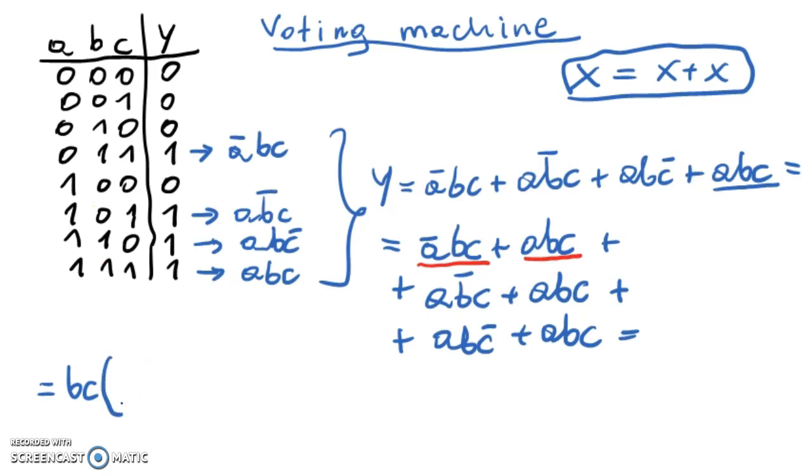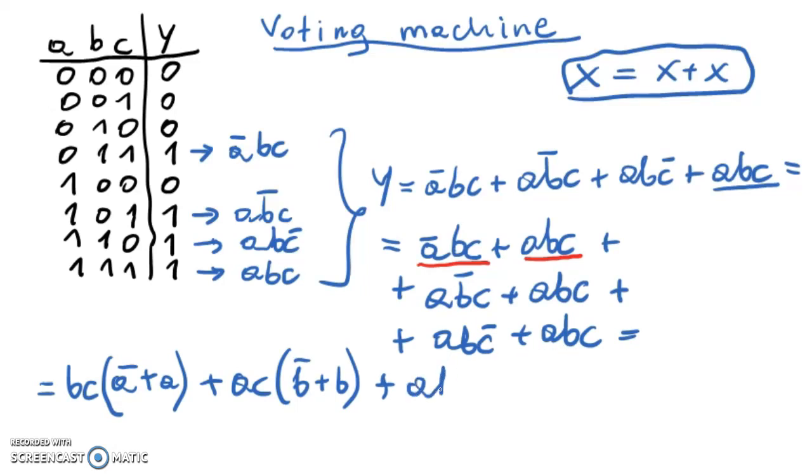So BC is the common part, and then you've got not A plus A. Similarly, the second two products I can factorize, and the common part is A times C, and inside you've got not B plus B. And in the third row, the common product is AB, and inside you've got not C plus C.